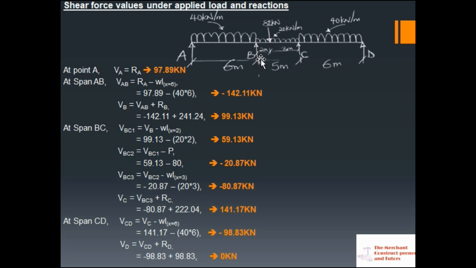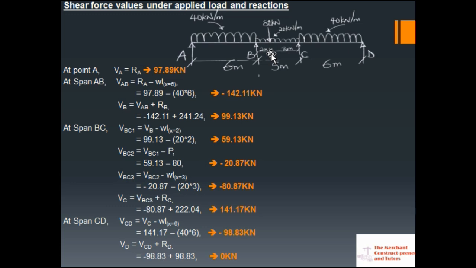Between span BC, we have a break in dimension, 2 meters first and then 3 meters before you get to C. So let's take it step by step. So for the shear force at VBC1, the reason why I said BC1 is this is the span BC. So from here to this portion here to this 2, that is BC1.